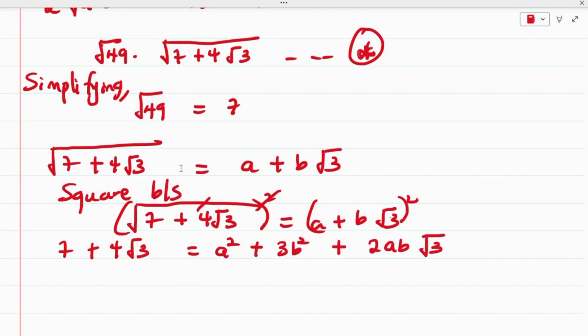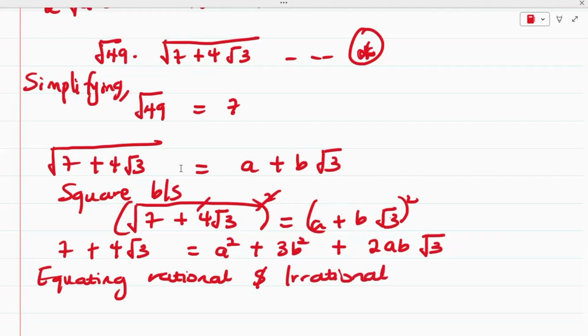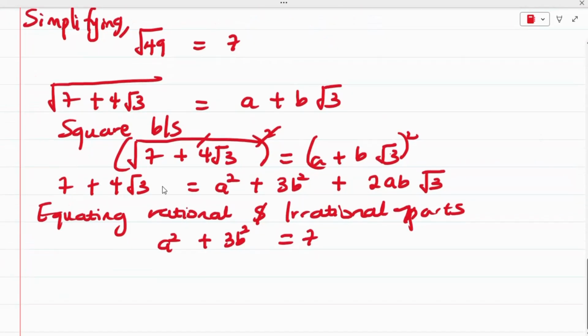So the next thing we want to do is to equate the rational and the irrational parts of this equation. For the rational part we have a squared plus 3b squared is equal to 7, and for the irrational part we have 2ab root 3 is equal to 4 root 3.